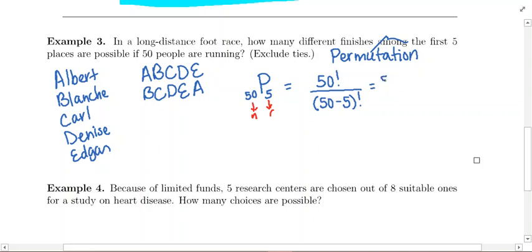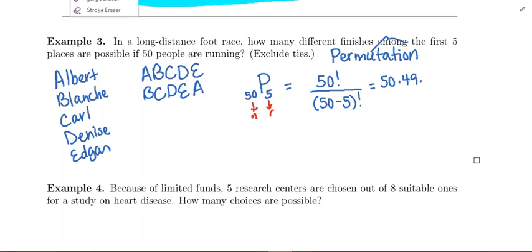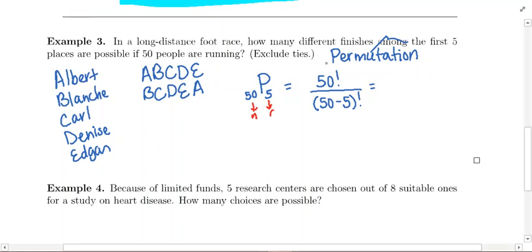So this is going to be 50 times 49 times, well, actually, before I do that, it'll be easier to see this way. Let's do 50 factorial. Let's take a look at that denominator. 50 minus 5 is 45. So now it's a lot easier to compose here. This is going to be 50 times 49 times 48 times 47 times 46 times 45.